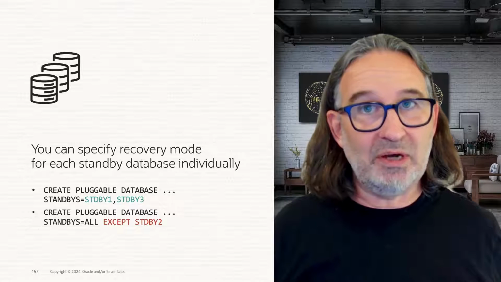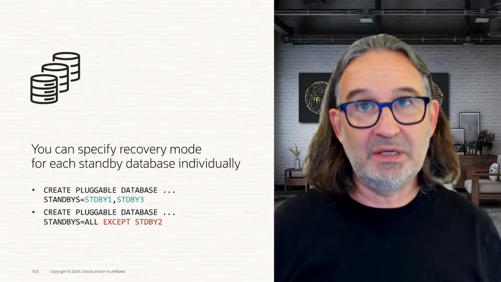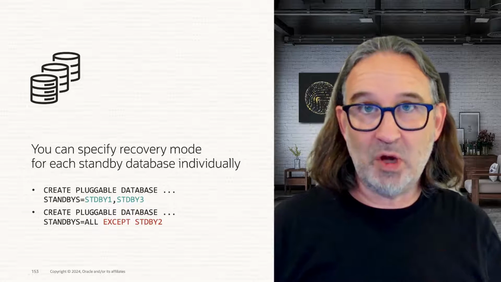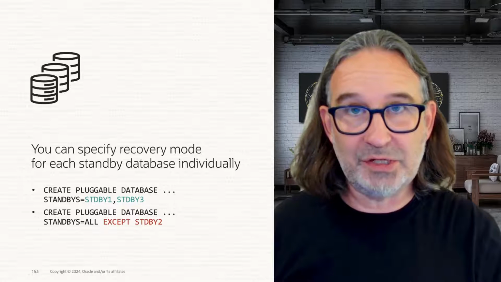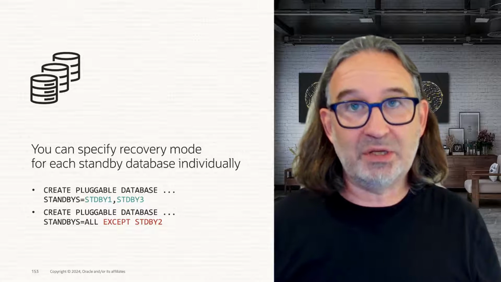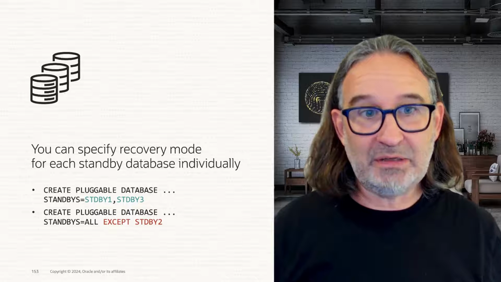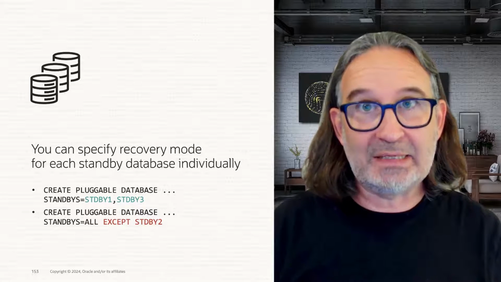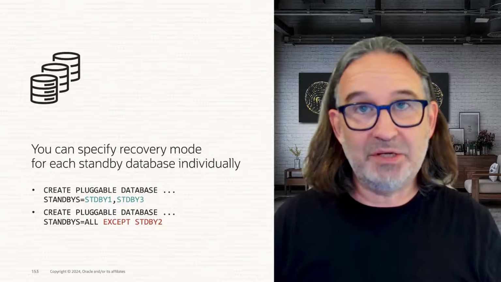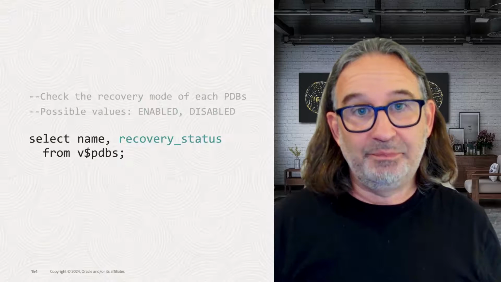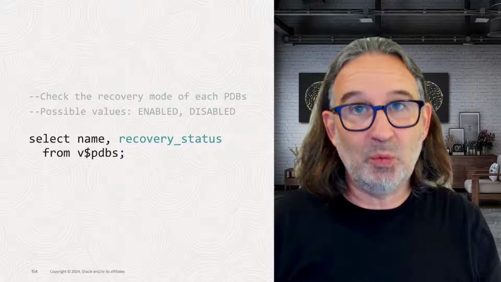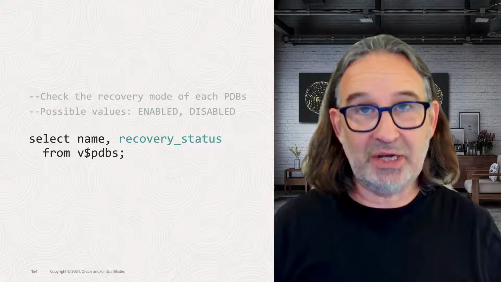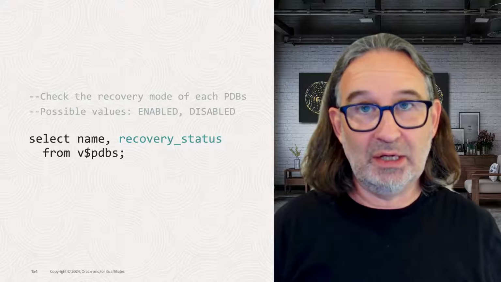You can do this also individually if you want to. So let's say you have 3 standby databases, and you would like to run with enabled recovery for standby 1 and 3, but not for standby 2, then you could pass on a list, comma separated, or you could also say standbys equals all except maybe standby 2 here. In any case, you should always check in V$PDBS for the recovery status to be extra sure that all is done correctly.